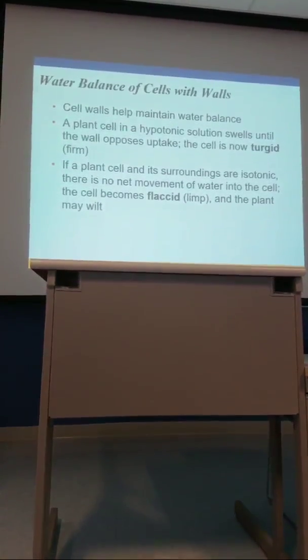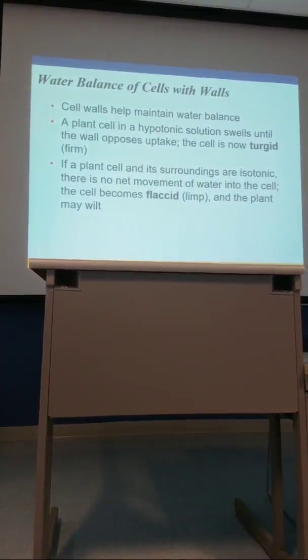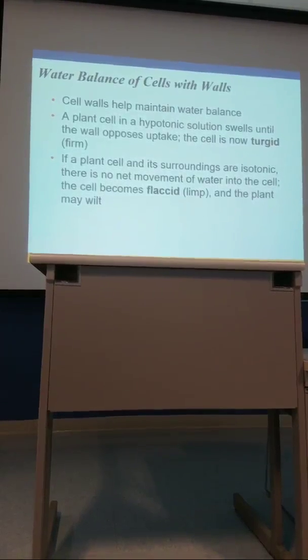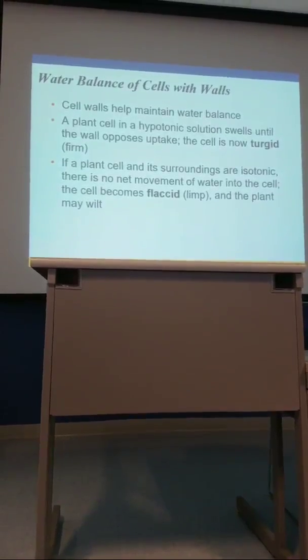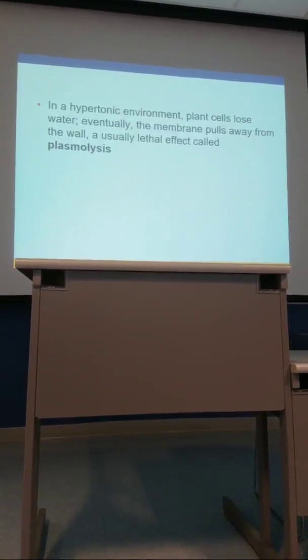We've already basically looked at that. In a plant cell in a hypotonic solution, it becomes firm because a lot of water is coming in. Flaccid is when it starts to wilt. It loses water.